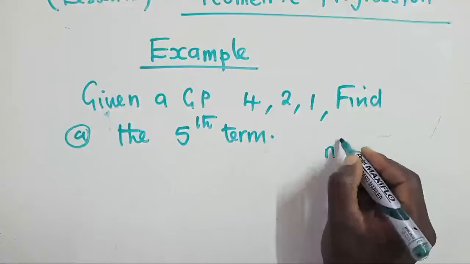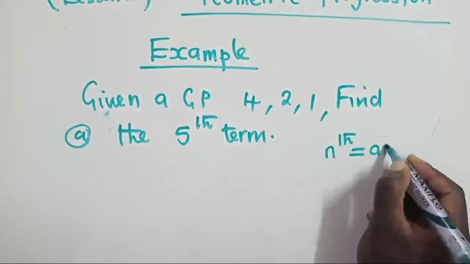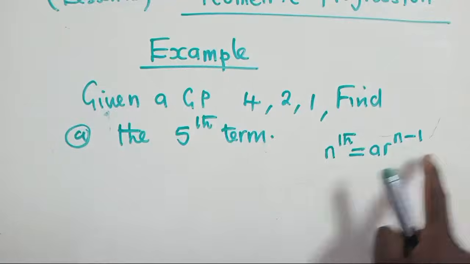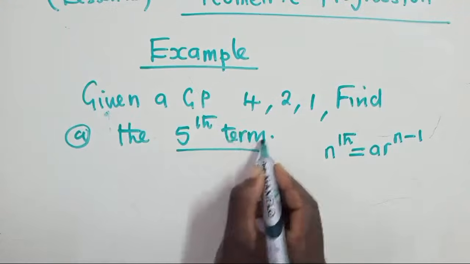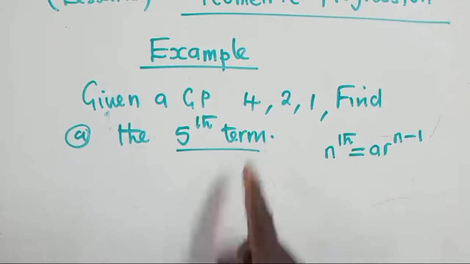It's for the nth term. So we say T_n is equal to A R to the power N minus 1. This is one of the formulas that we need to use. This formula is specifically for finding the term. Whenever you see the word term, just know that you're dealing with this formula.